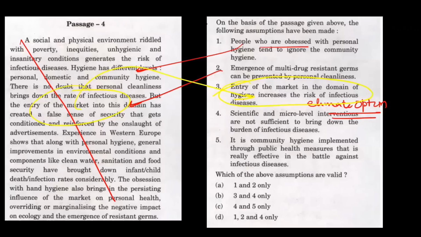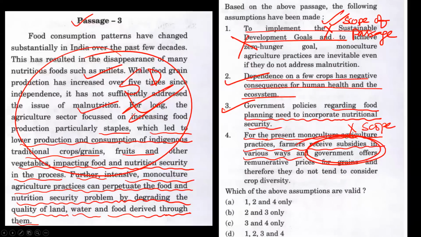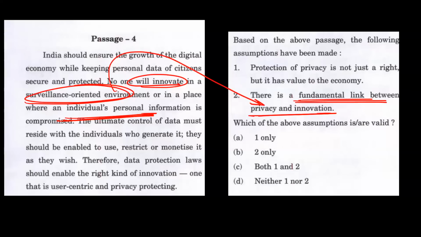Next, exact statement, entry of market. Next, inherently safer. Again, exact statement, they are just changing it by adding "not". So whenever they are writing the exact statement, you have to just eliminate that.